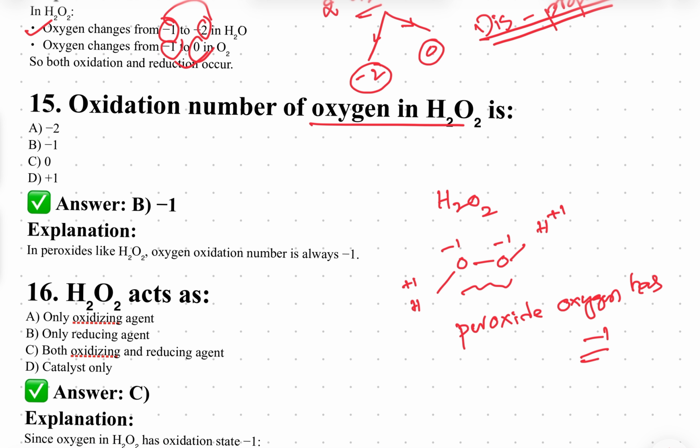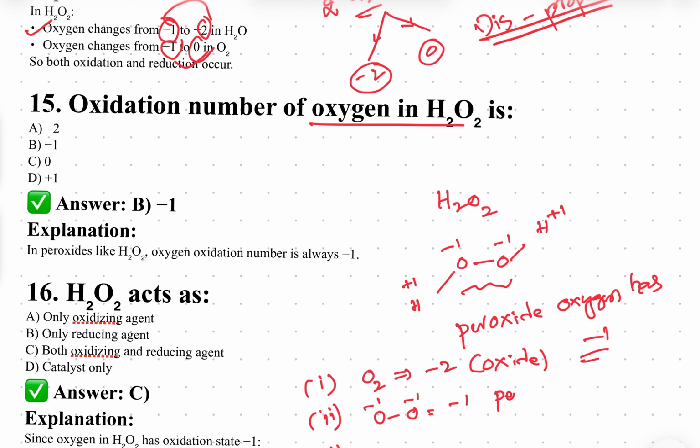Here we mostly see three types of oxygen. One is called oxide oxygen, for example O2-, where oxygen is minus 2. This is called oxide. Next one is peroxide. Peroxide means two oxygens are bonded, so that is minus 1.